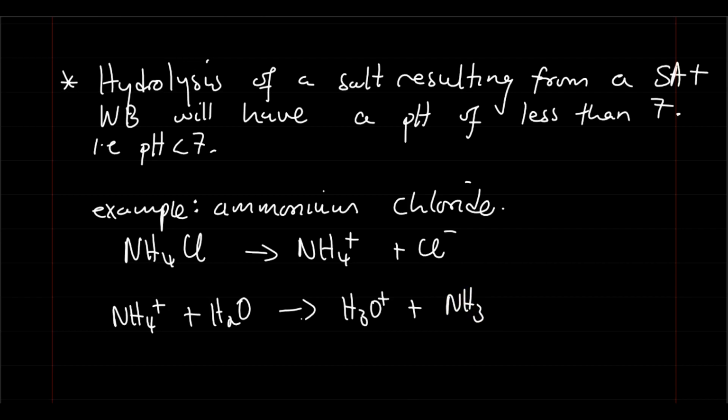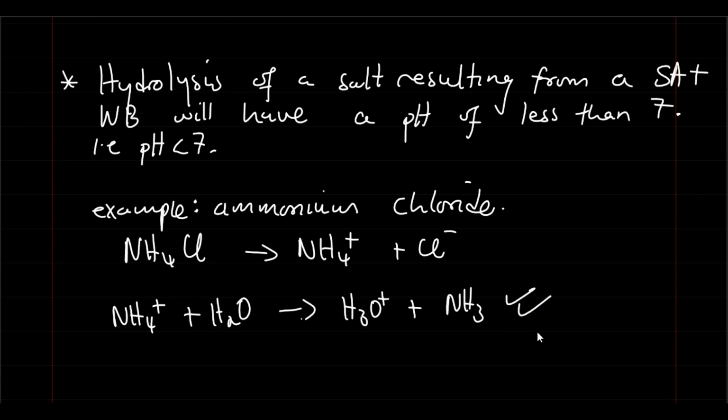Okay, so now the overall reaction will be NH4+ plus Cl minus, giving us hydronium plus NH3 plus Cl minus. But notice that Cl minus is a spectator ion, so it does not really take part in the reaction, so it cancels out.